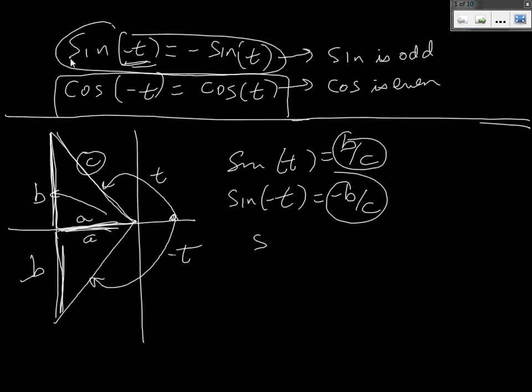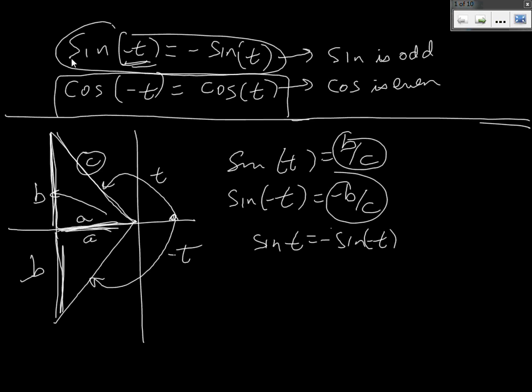That is, sine of t and sine of negative t are not equal unless you put a negative sign.